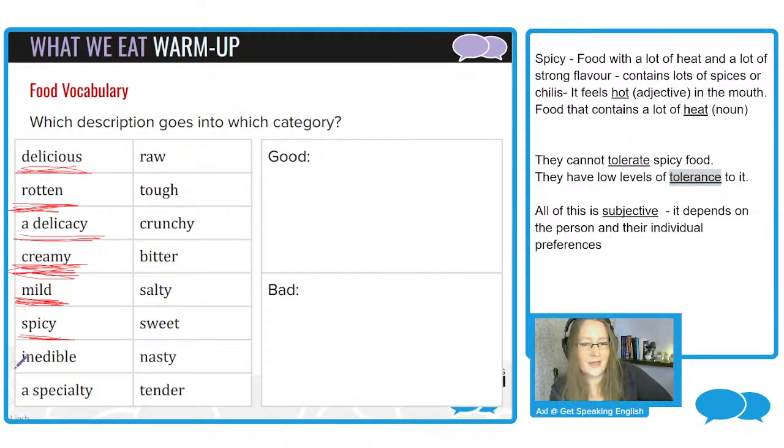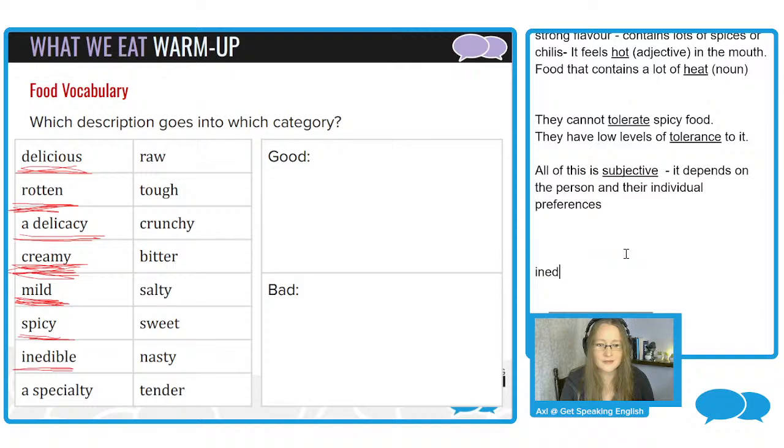How about if something is inedible? Inedible. Can spicy be said in other words aside from hot? Spicy, hot.